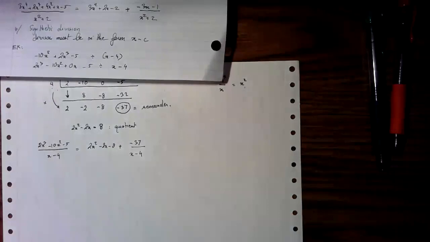Another interesting thing in synthetic division is that the remainder and the C value have a very close relation to each other.